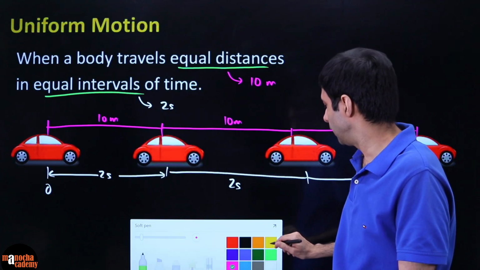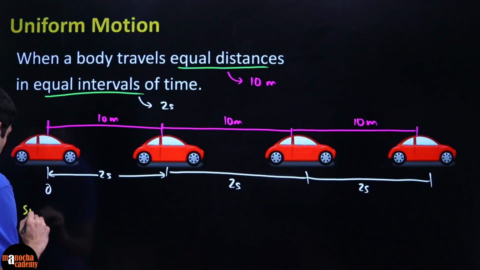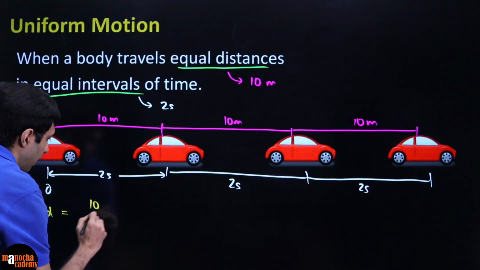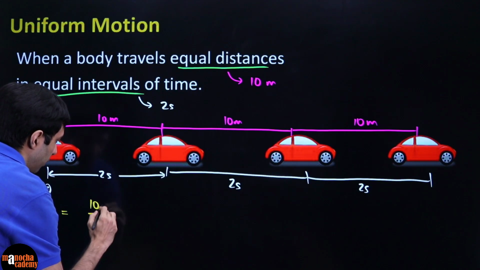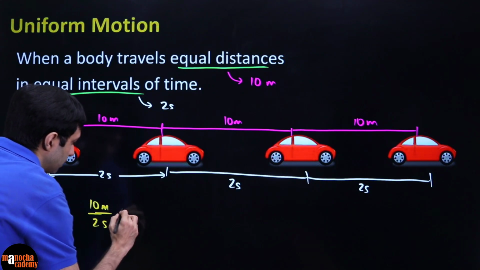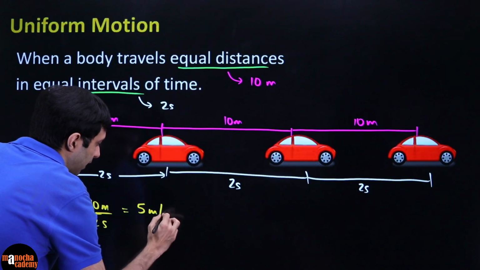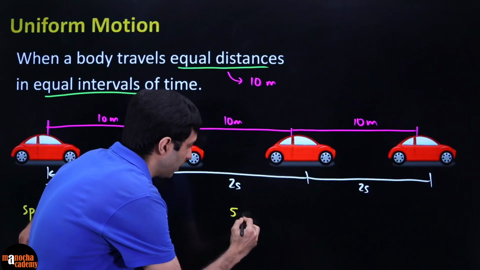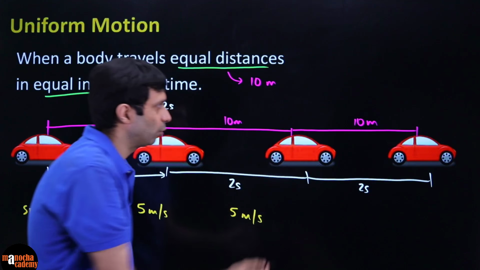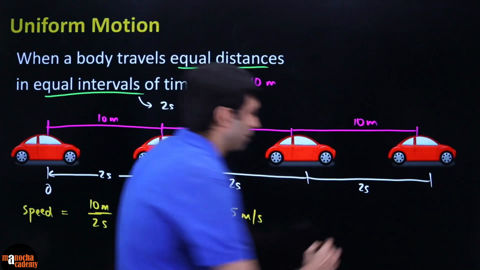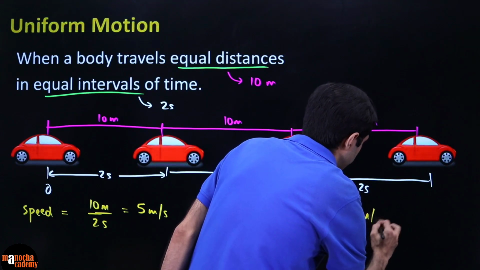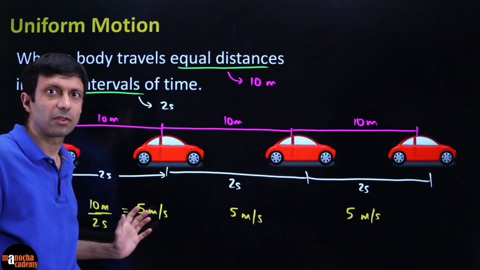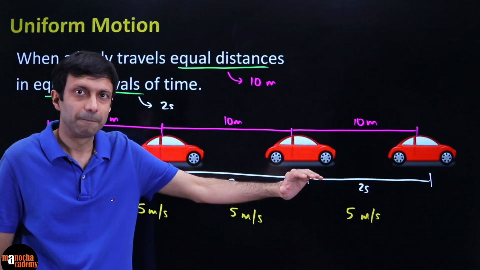So if we look at the speed in the first 2 seconds, it is 10 by 2, so 10 meters by 2 seconds, which is 5 meter per second. Again over the next 2 seconds, the speed is 5 meter per second, 10 by 2. Again for the next 2 seconds, 5 meter per second. So in very simple words, uniform motion means traveling at constant speed.